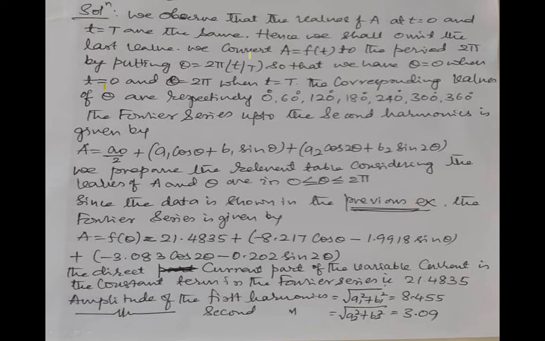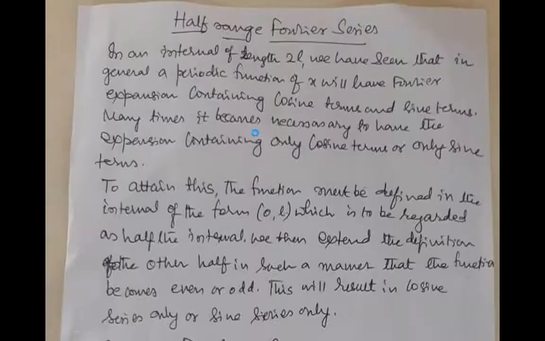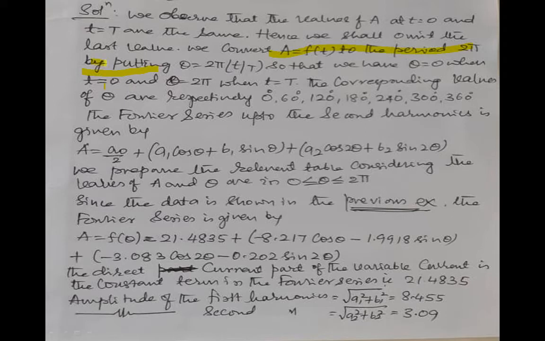Therefore, we convert A equal to f of t to the period 2 pi by putting theta equal to 2 pi t upon T, so that theta is 0 when t is 0 and theta is 2 pi when t is T.